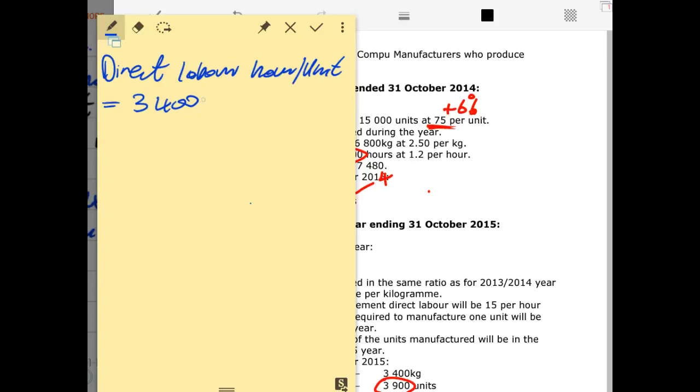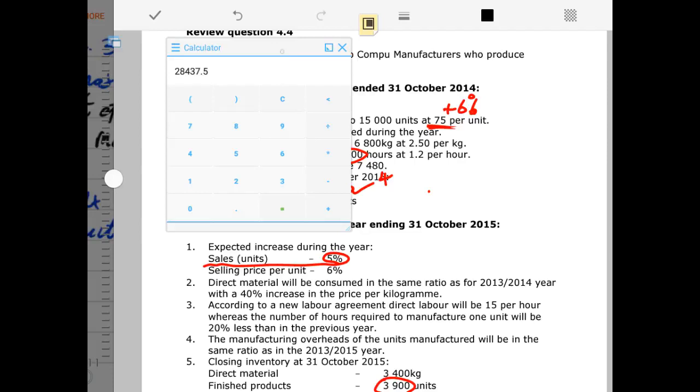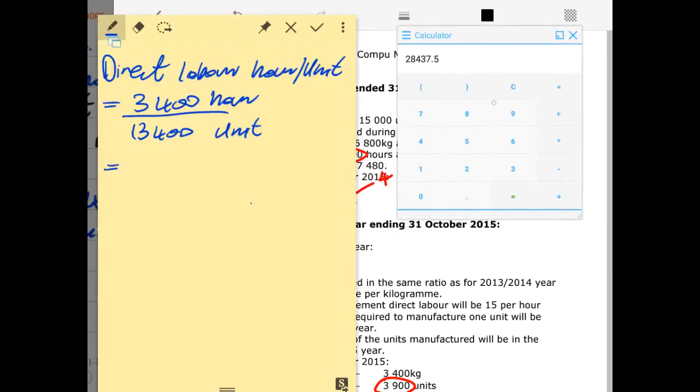Therefore, we say 3,400 hours, we divide this by 13,600 units, and this will give us the number of labor hours it takes to complete one unit. Then we do that calculation.